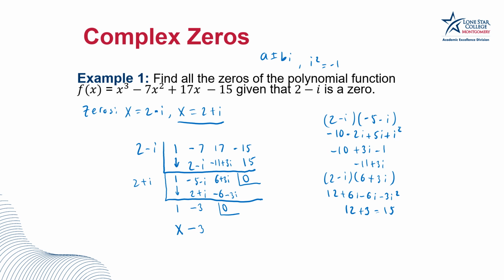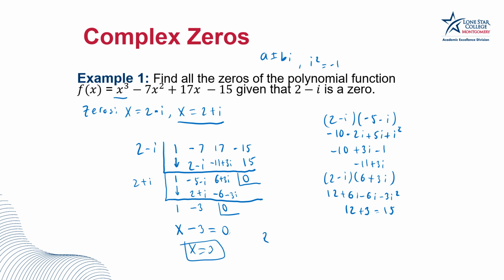So now that we have that, this is what boils down after we do synthetic division twice. And to find the remaining 0, because our leading term here is x to the third, we know there are going to be 3 zeros. We know that 2 minus i and 2 plus i are already our zeros. So the last term after we divide them out, we're left with x minus 3. We set that equal to 0 and solve for x, which gives us 3.